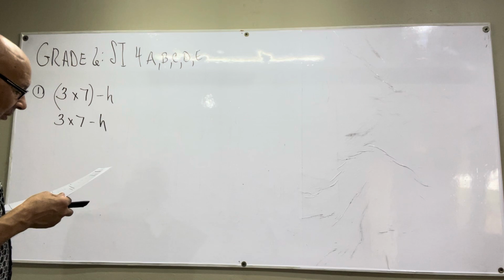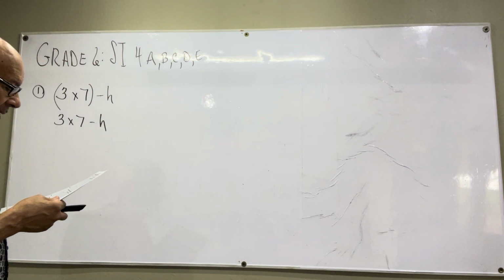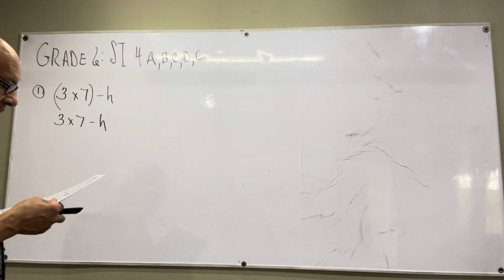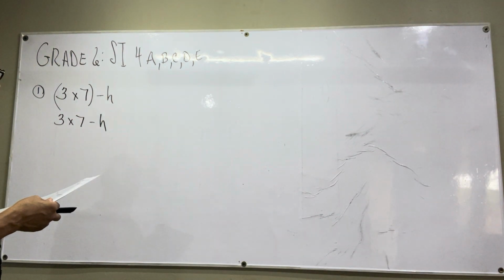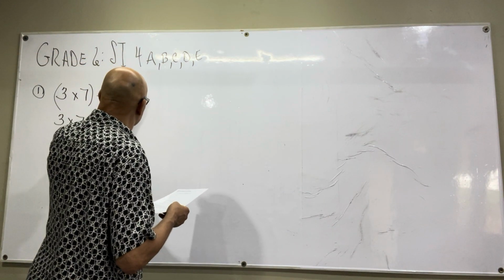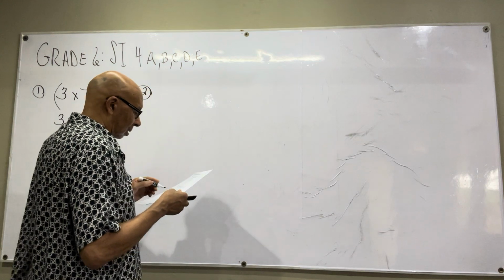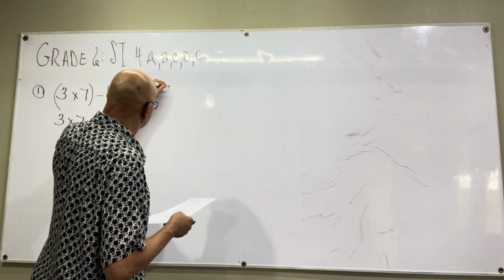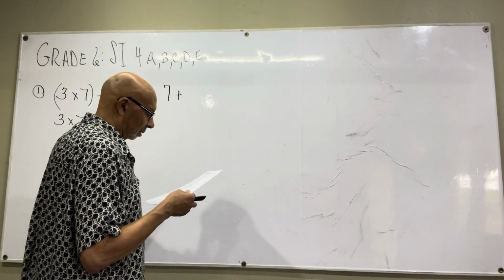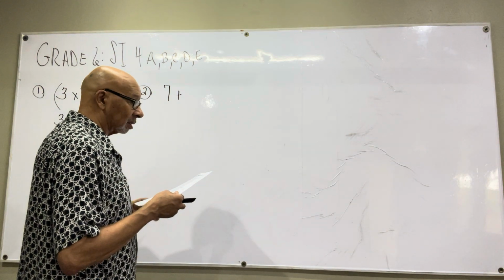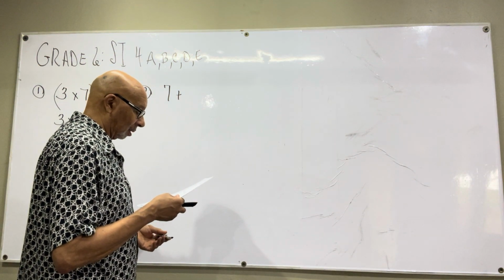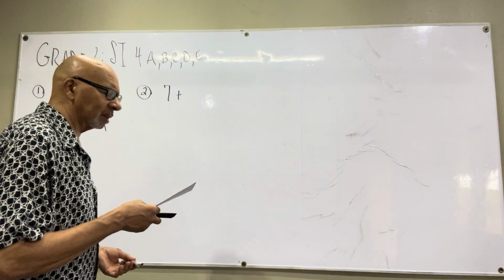Here's another one. Which of the following expressions represents this statement? 7 plus the quotient of 16 and some number. So this is what they're saying. 7 plus, the quotient means division, because you know the word quotient means division.